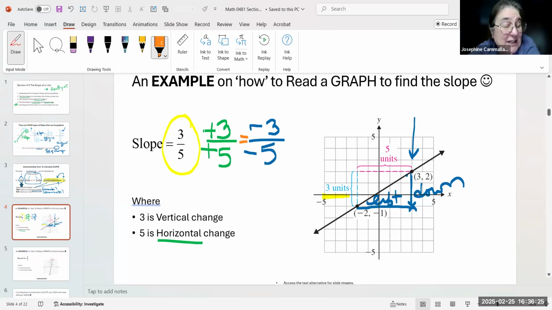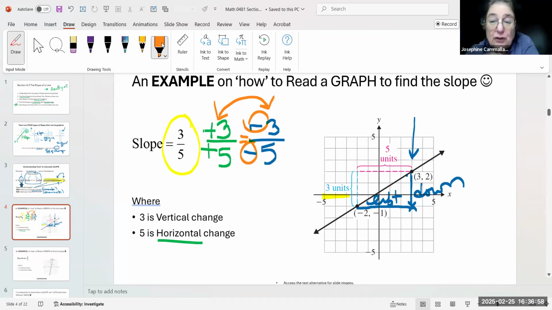A positive divided by a positive makes it a positive slope. But if I have a negative divided by a negative, isn't that also positive? Yes. This concept is saying when I go from one point to the other, does it matter whether I start with -2, -1 and go to 3, 2?